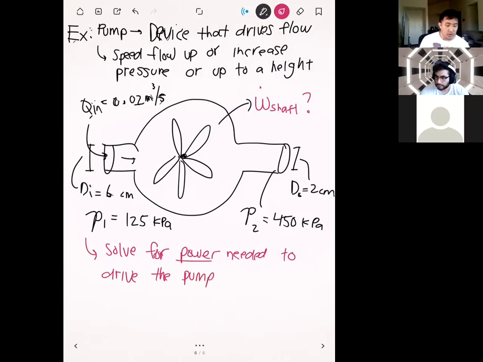And so in particular, if we connect this back to our RTT expression, we're going to solve for W dot shaft.